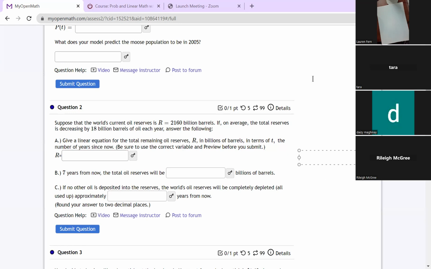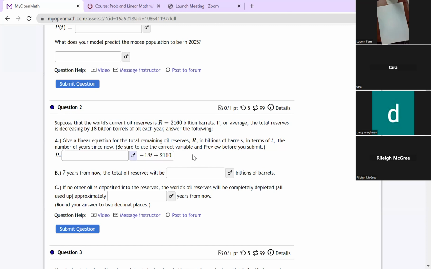Okay, how would we do that? Well, what is our y-intercept? 2160, right? That is our current value. And what's our slope? -18. So as you see, literally, you're given your slope and your y-intercept.